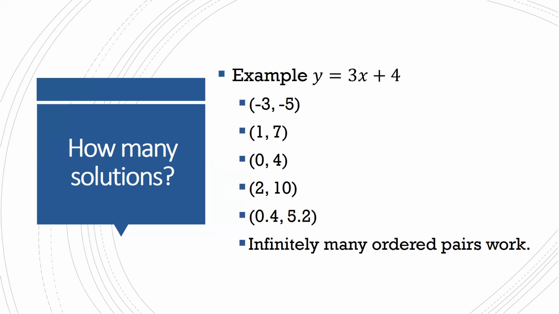Well, it turns out you can keep getting more and more points. 0, 4 also works. 2, 10 also works. 0.4, 5.2 also works. In fact, there are infinitely many ordered pairs that are going to work. If we have an equation in 2 variables, we're going to end up with infinitely many ordered pairs that work.